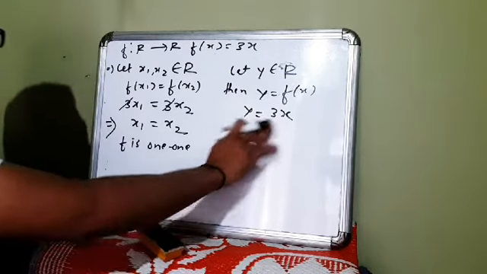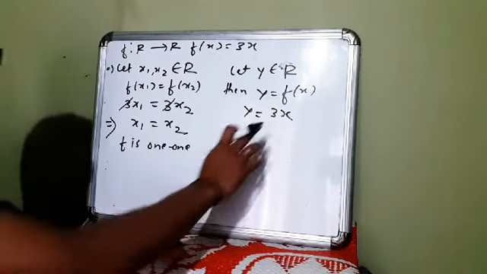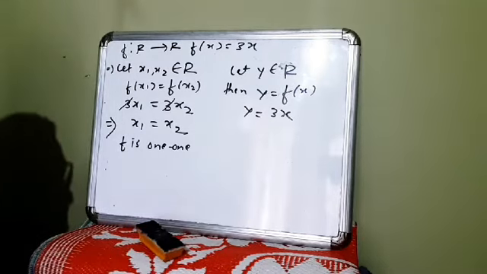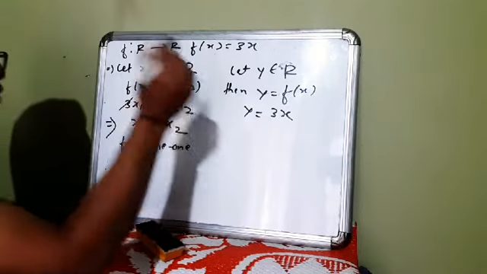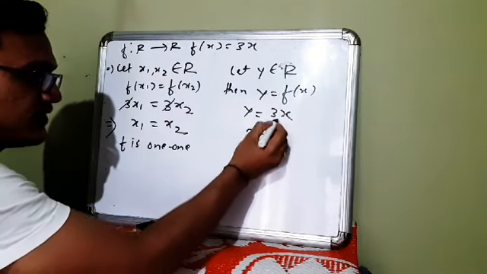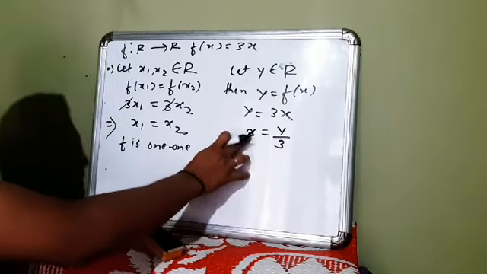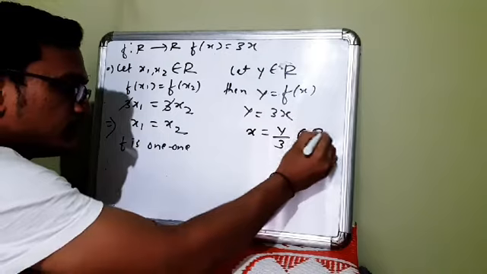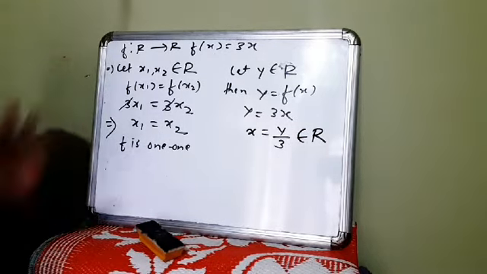Now here I am having y is equals to 3x. There exists x, you have to simplify this result for x, and the value of x that you get should be present in the domain. So if I take x is equals to y by 3, this 3 will divide. Now this x value should be present in the domain, which is R.